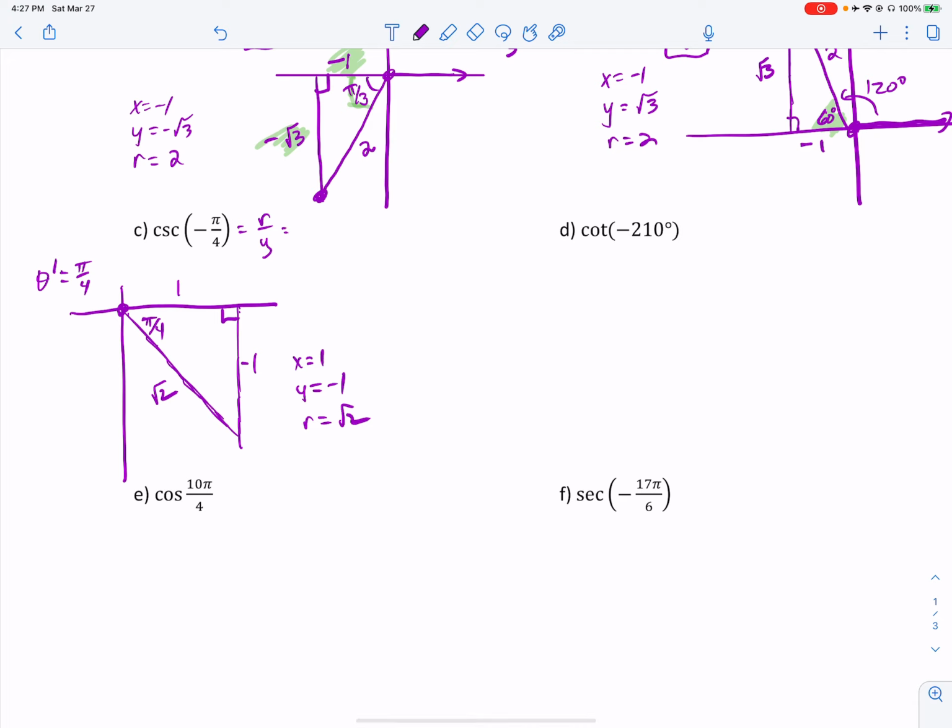So your radius is root 2 and your y value is negative 1, so it ends up being negative root 2. Again, when you've got this triangle drawn and you know this is your angle and you know the definition of cosecant as hypotenuse over opposite, you can figure out it's root 2 over negative 1 that way as well.